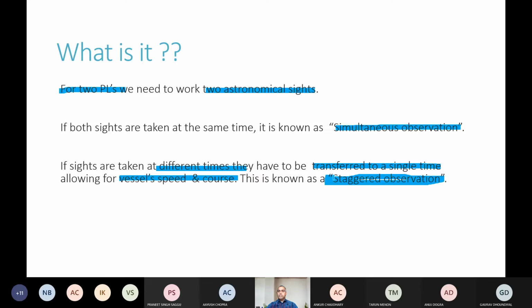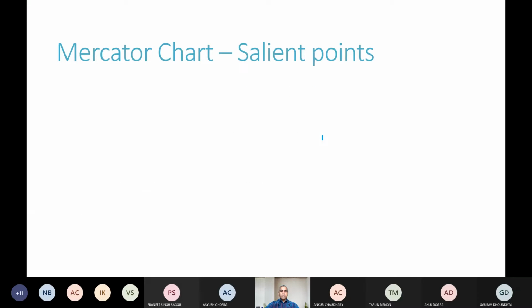How do we transfer the position line? The transfer of position line is done exactly in the same way as we transferred PL in Chartwork. Okay, so let me just tell you. Now, when you are transferring a PL, let's say we have this position line, and it was, let us say, 0900 PL.